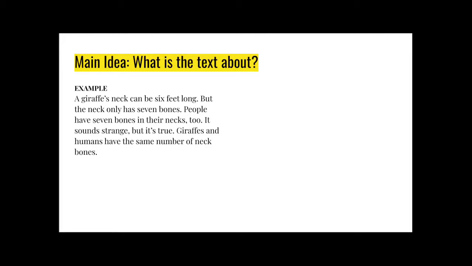Well, as we see in this passage, it's talking about neck bones, so we know that has something to do with the main idea. The passage also mentions giraffes' neck bones and humans' neck bones. So if you look at the very last sentence, giraffes and humans have the same number of neck bones, this sentence gives us the main idea of this paragraph.